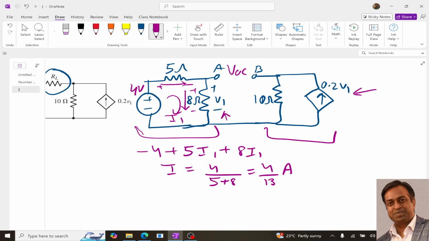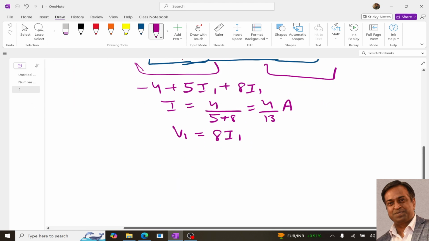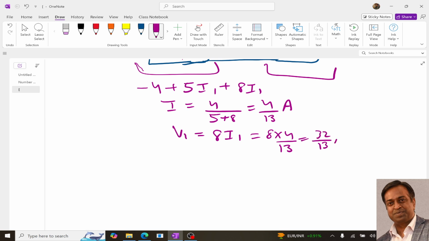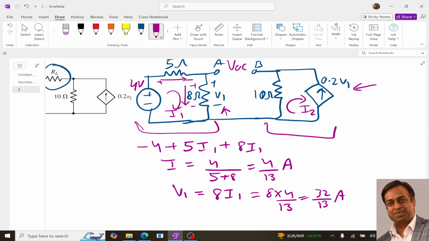Now similarly we can find V1. The value of V1 is 8 into I1, right? So I1 is 4 by 13, so V1 is 32 by 13. Now coming to this other part of the circuit, let the loop current be I2.